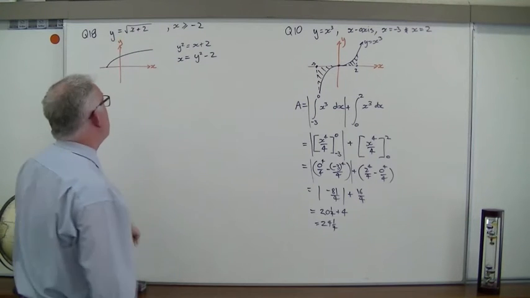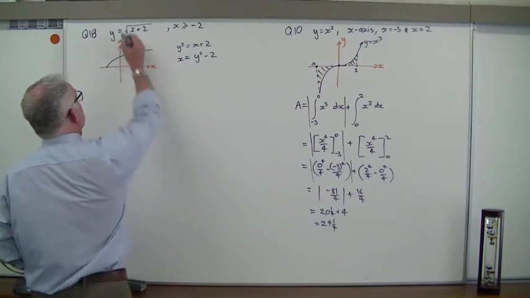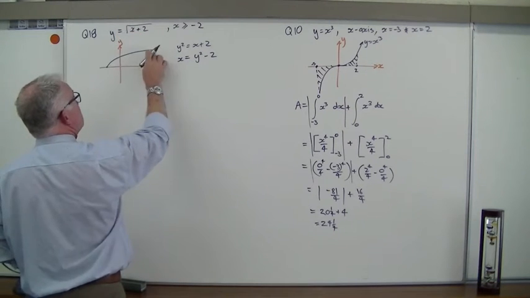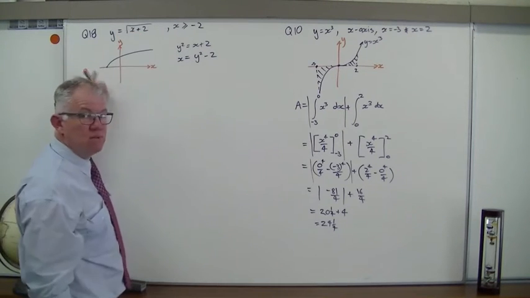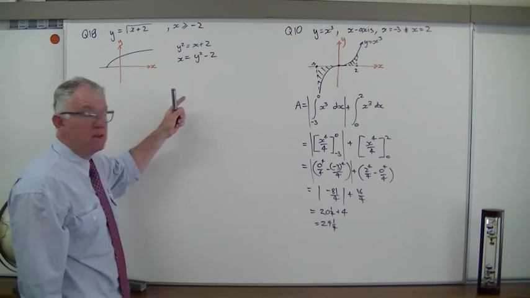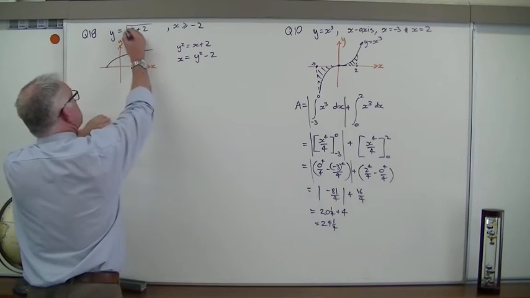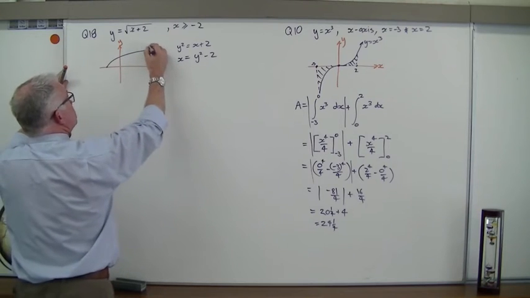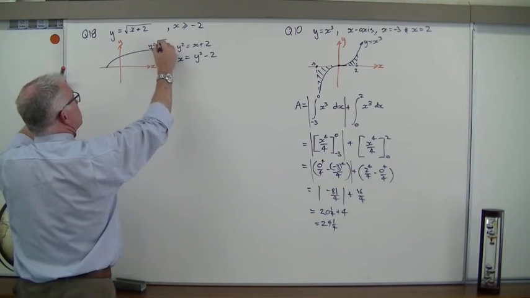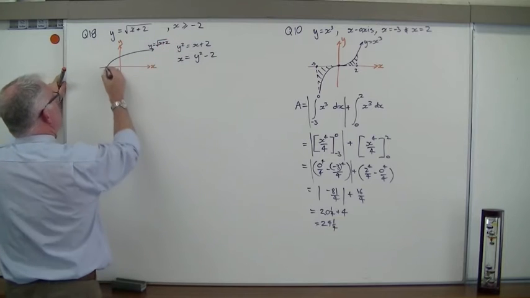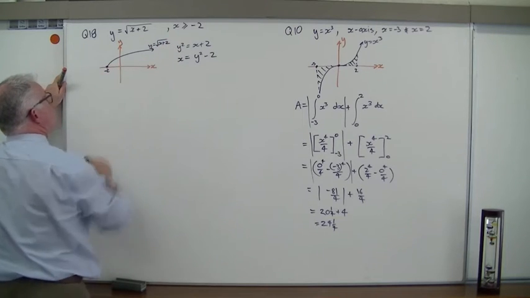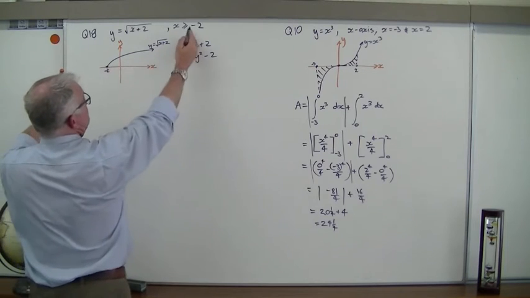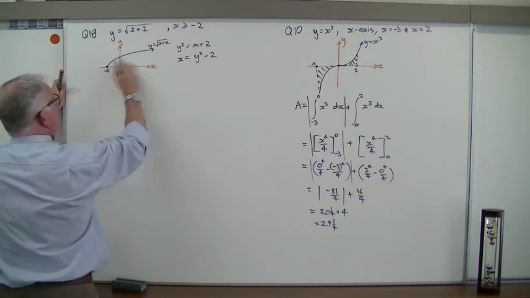If we had a plus and a minus there, you would draw both the upper part and the lower part of the parabolic shape. But we only have the positive square root, so we just draw the upper part. That's what the function y equals the square root of x plus 2 looks like. Here's the point, minus 2. And that makes sense too, because x has to be greater than or equal to minus 2.